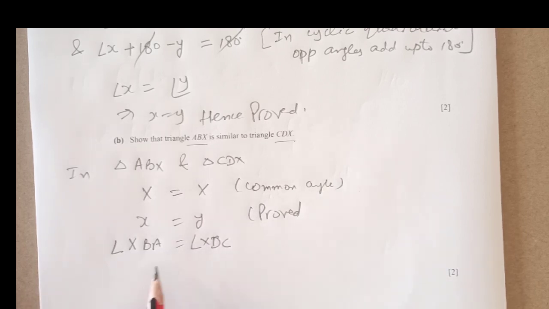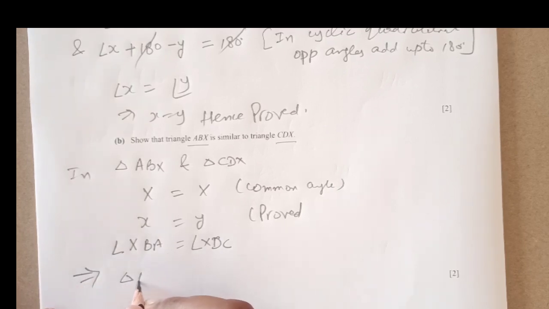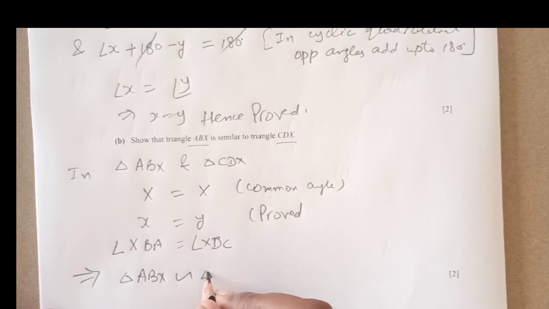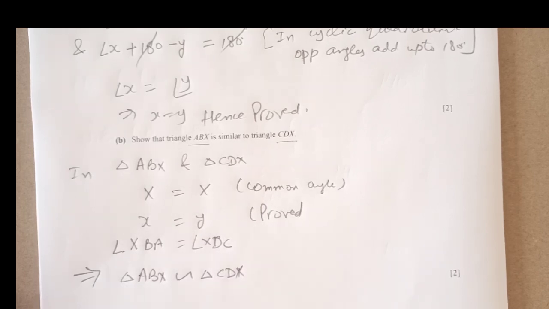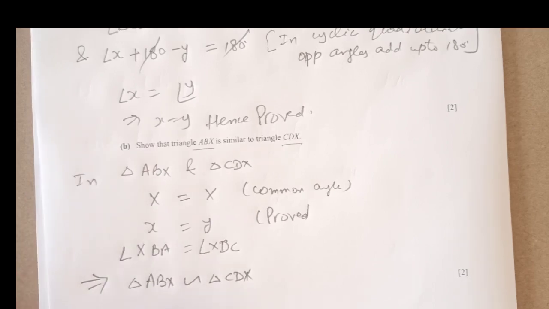So once we have all these three equal, then we can say both triangles are similar. So that means triangle ABX is similar to triangle CDX. Okay, so that was B part.